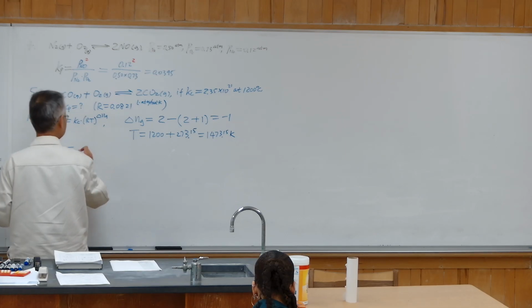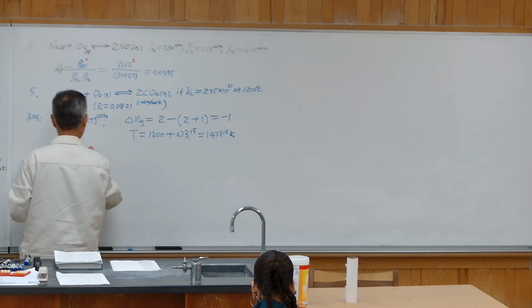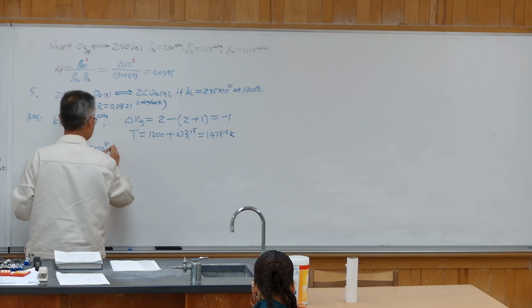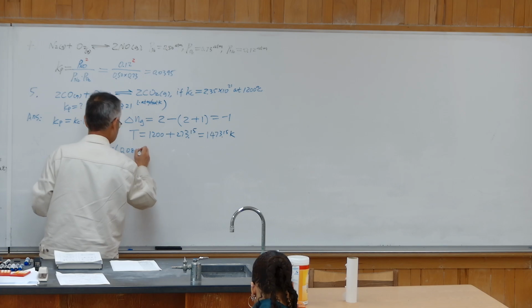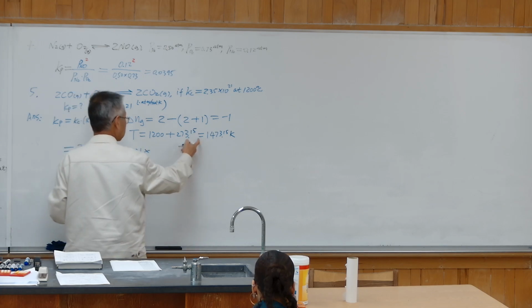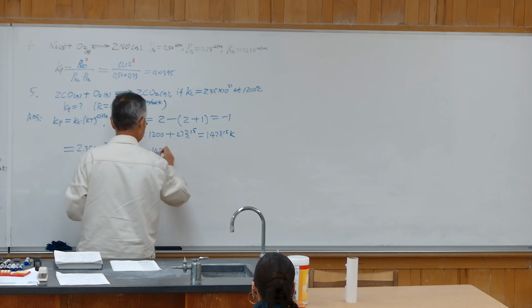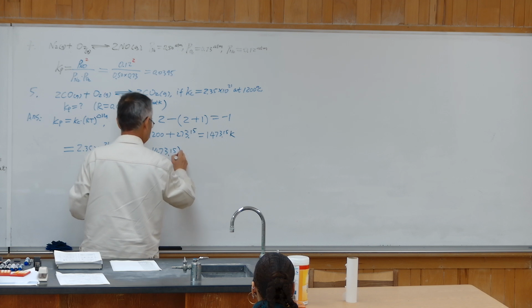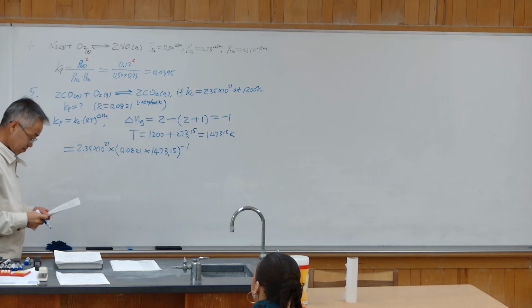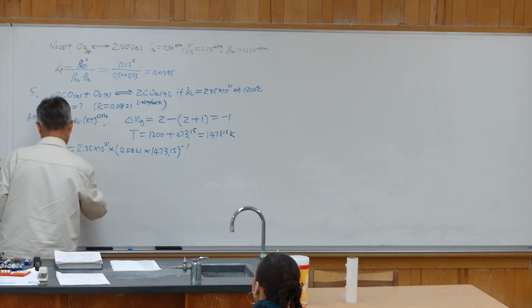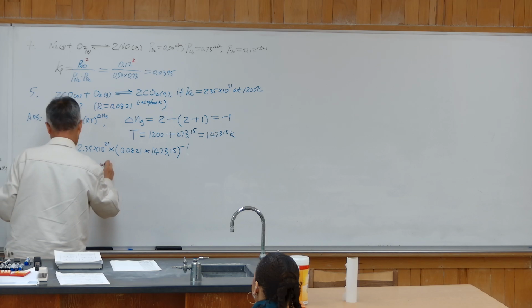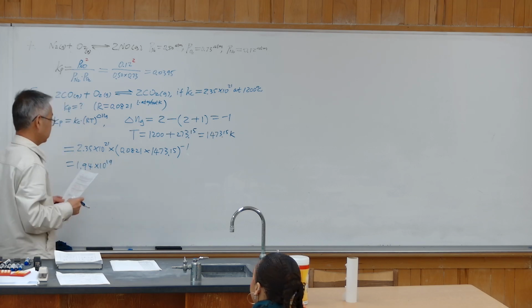Kp equals Kc, 2.35 times 10 to the 21, times R, the gas constant, times T, temperature in Kelvin, raised to the power of -1. Then your answer will be 1.94 times 10 to the 19th.